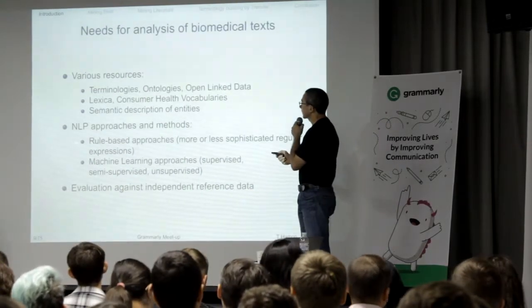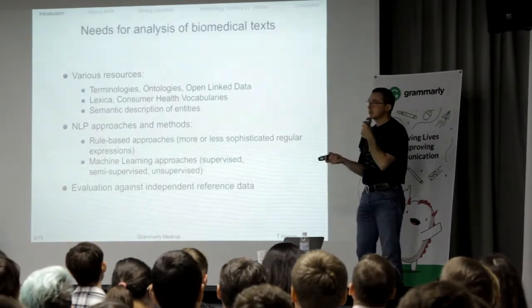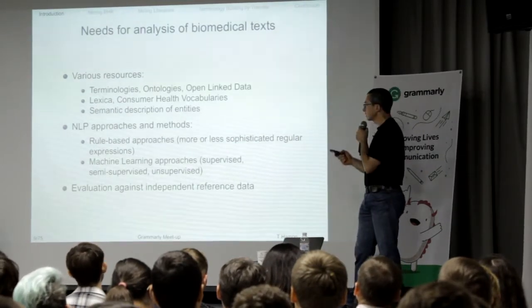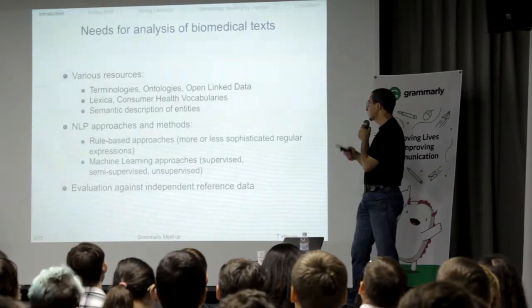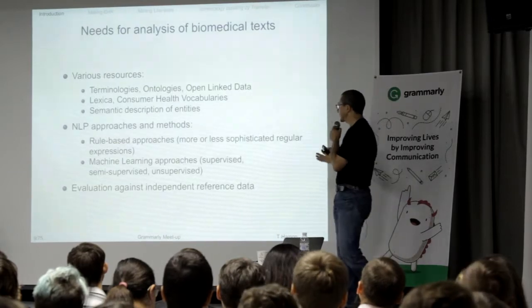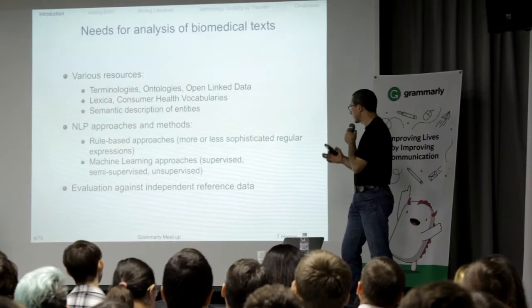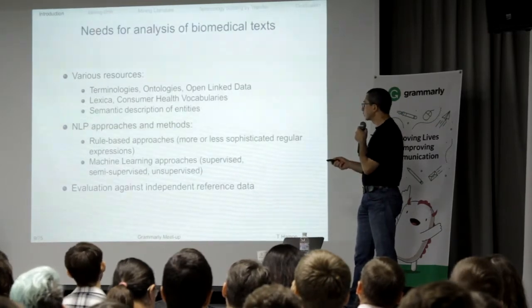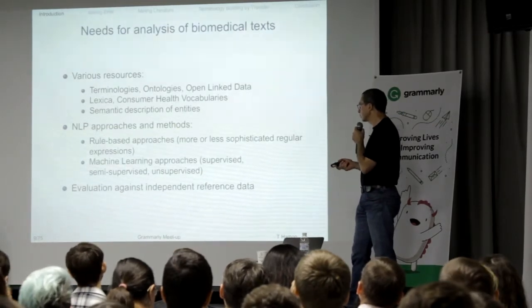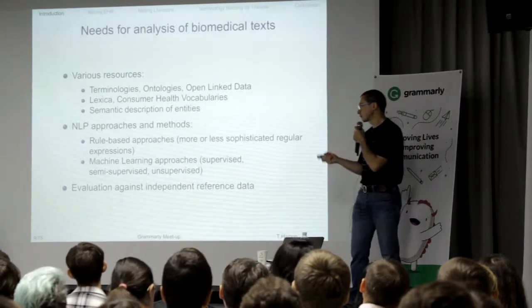And we need to define some NLP approach, and this approach can be rule-based. They can be defined like more or less sophisticated regular expressions, sometimes quite sophisticated. And also, you can use a machine learning approach, which can be supervised, unsupervised, or semi-supervised.